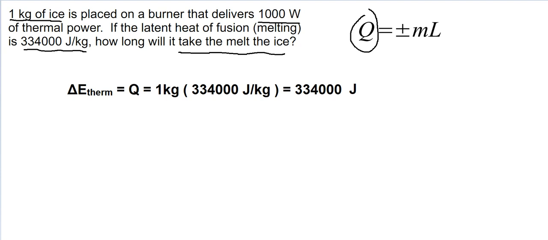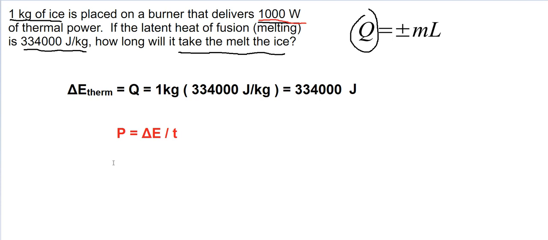Now, the second question is we're not exactly asked how much energy we need, but given this power that we have, we want to figure out how much time we're going to need. And how you deal with this is in terms of power. Power simply tells you the amount of energy that you're giving something per unit time t.